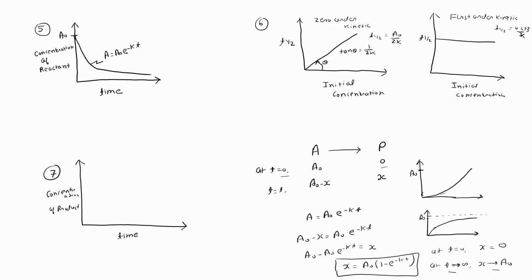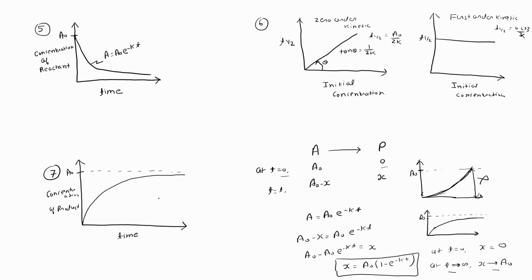It should go to A naught at T is equal to infinity. But here at finite T we will have A naught. So this is wrong. So if this, then the curve should be like this, so we have the concentration of product with respect to time curve like this.